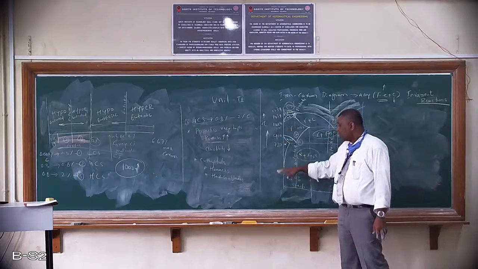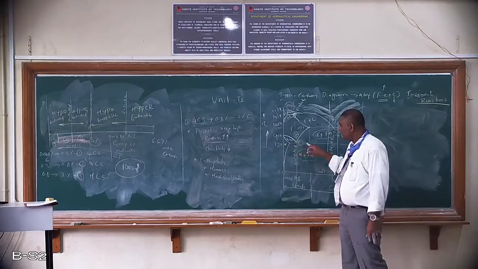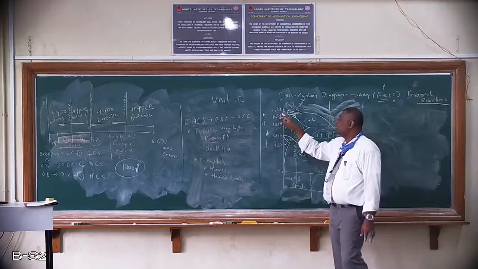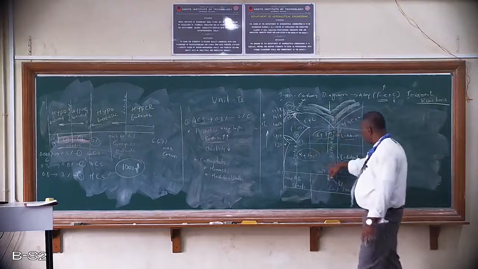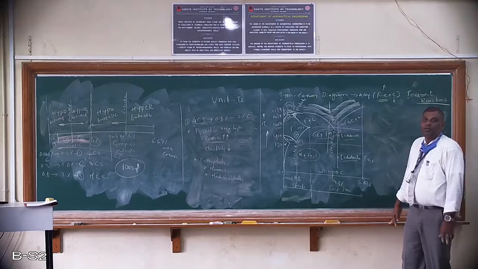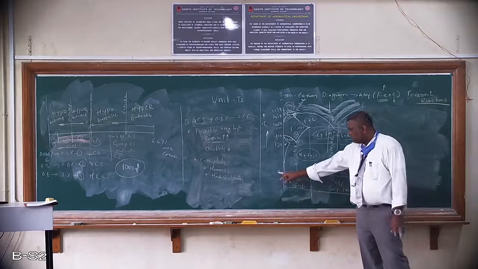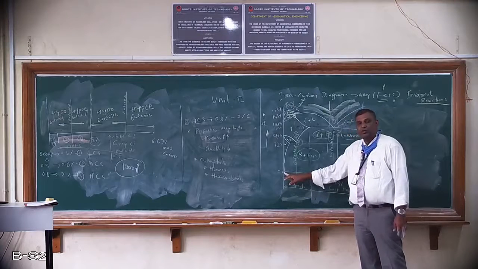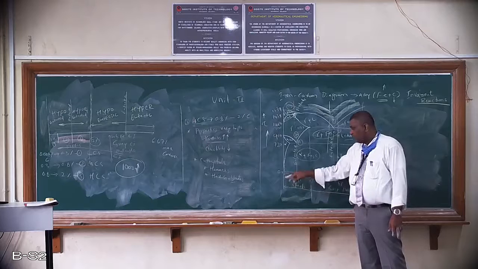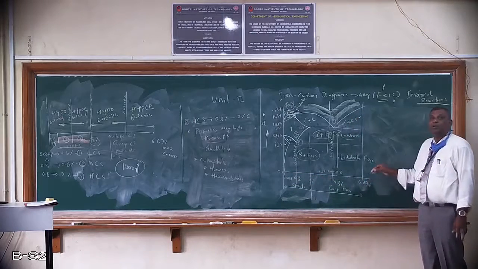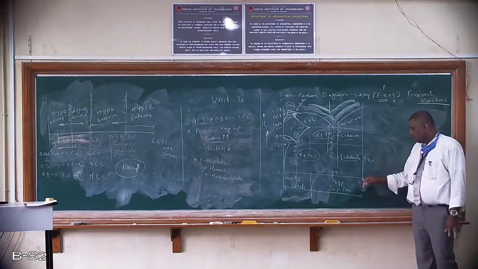You should remember all these temperatures: 727 at the alpha phase, 910, 1127, 1400, 1439, 1539, and this side is the composition of carbon. This side is 0. The minimum solubility of carbon in iron at room temperature is 0.008%, and the maximum solubility of carbon in iron is 6.67%.